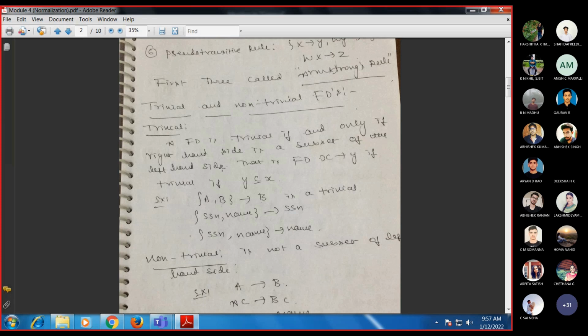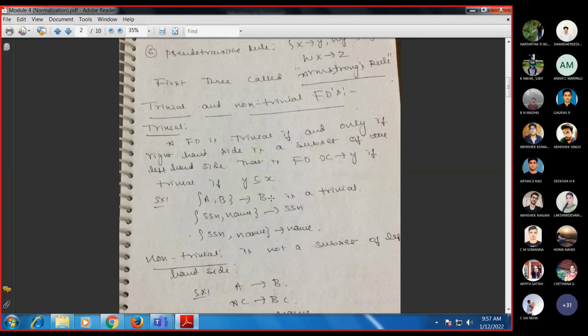The definition that you have to learn here. So when do we say that the functional dependency is trivial? When the right hand side attribute is a subset of the left hand side attribute. Example, you can see A comma B determinant B here.